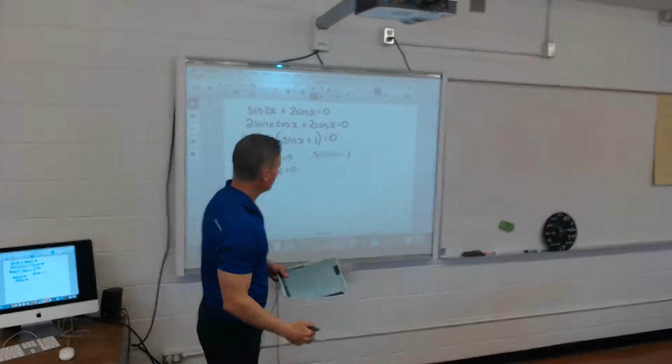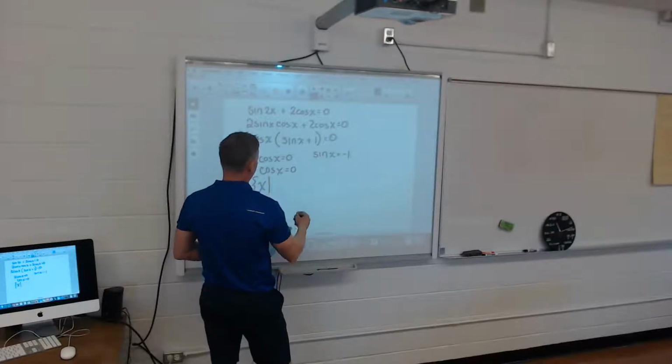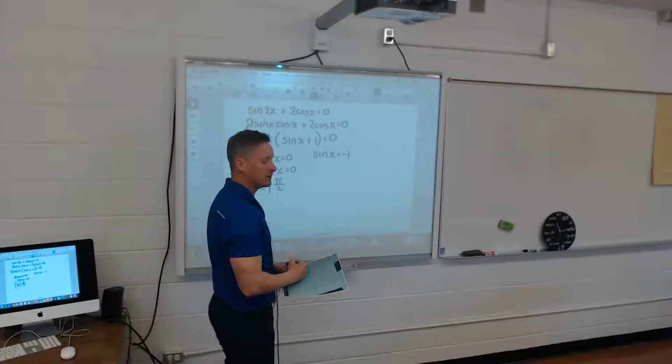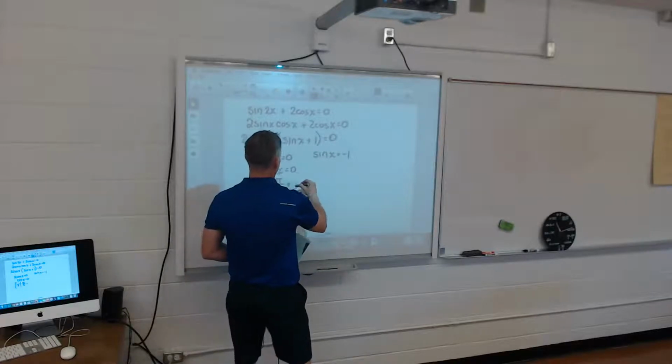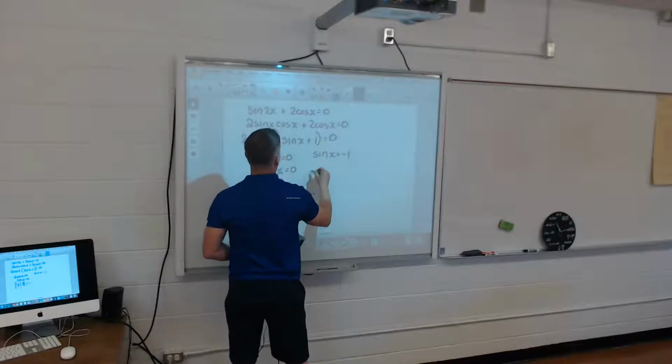And it says for the general solution, so we have to add our 2k pi. So for this one, it's x such that we get 0 at pi over 2 and 3 pi over 2. So I could add pi to it, or k pi, sorry.